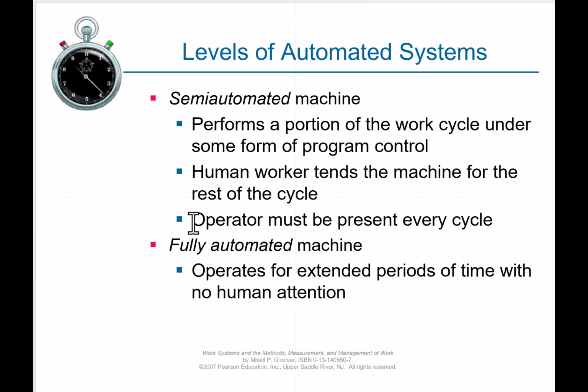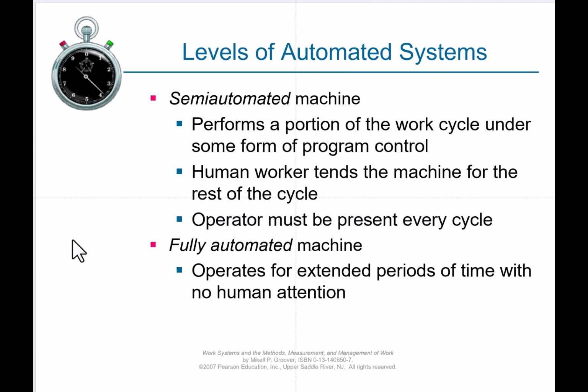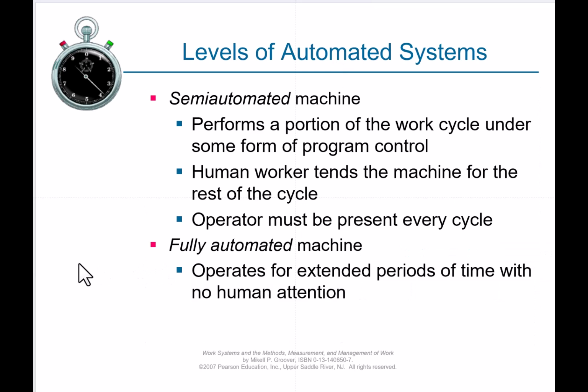In a semi-automated machine, you have an operator that must be present all the time. Or you may design a fully automated system where there's no interaction between the machine and the human. You probably have just someone to watch the machine that is working, but not necessarily occupied executing the process.